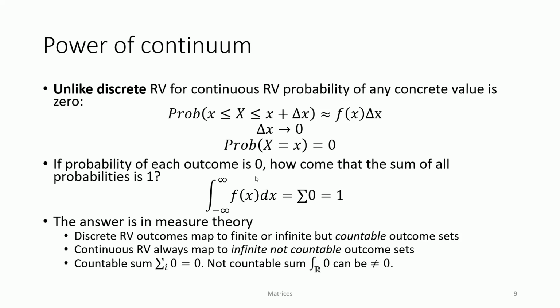If we're integrating, adding up all the probabilities of each number, each probability is 0, and somehow we add all these zeros and still get 1. How is it possible? Because if we have two zeros and add, it's still 0. You add a third 0, it's still 0. You can keep adding those zeros and it will always be 0. But somehow, in the random variable case, the sum of zeros is equal to 1.